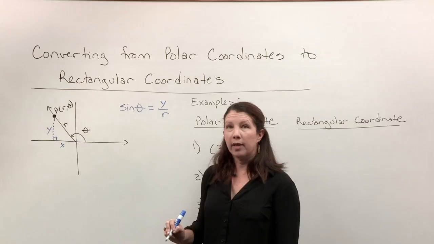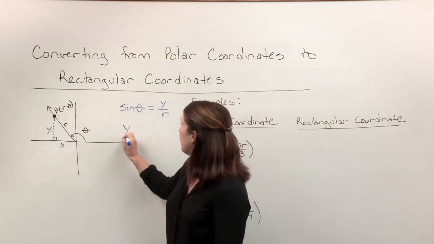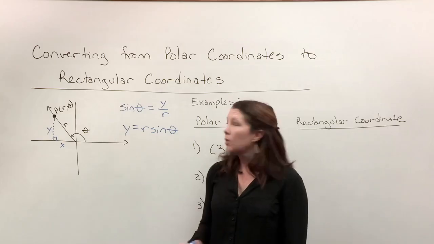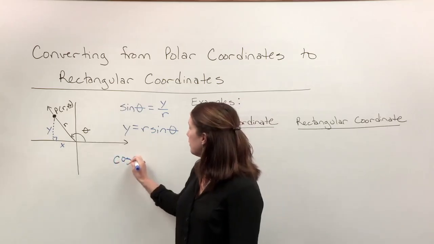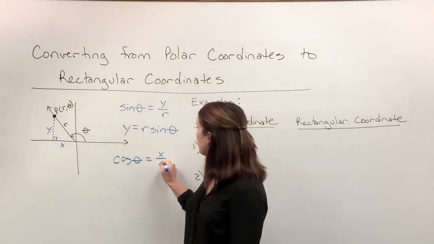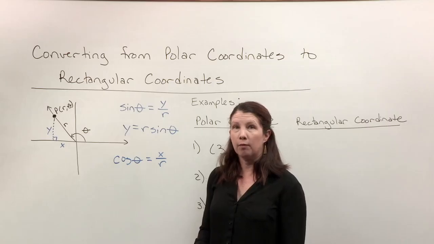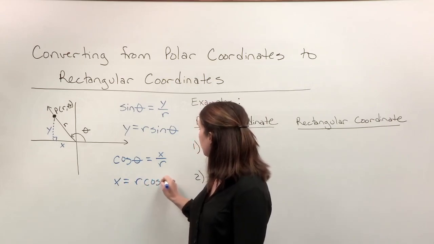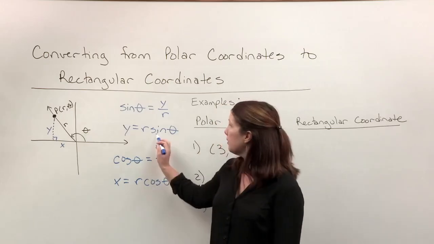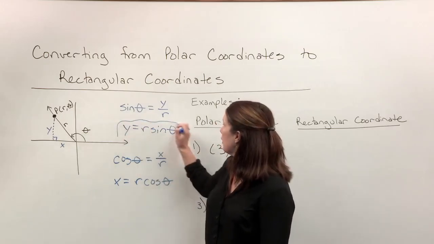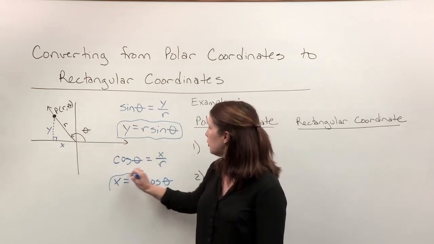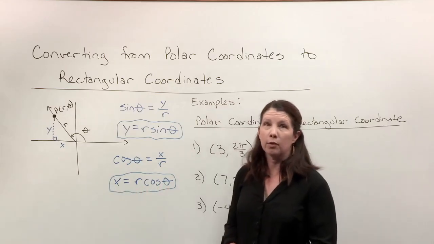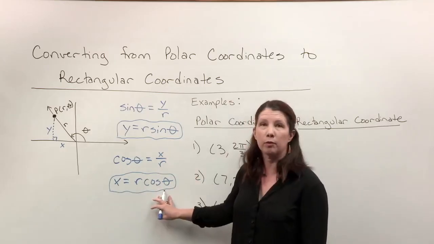If we take this formula and rearrange it to solve for y, we get y equals r sine theta. We also know that cosine of theta is equal to x over r. Rearranging this formula to solve for x, we see that x is equal to r cosine theta. So these are the two formulas that we will be using to convert from a polar coordinate to a rectangular coordinate. But you should realize that they are not new formulas to you. They're just rearranged into a new form that's more useful for what we're doing here.